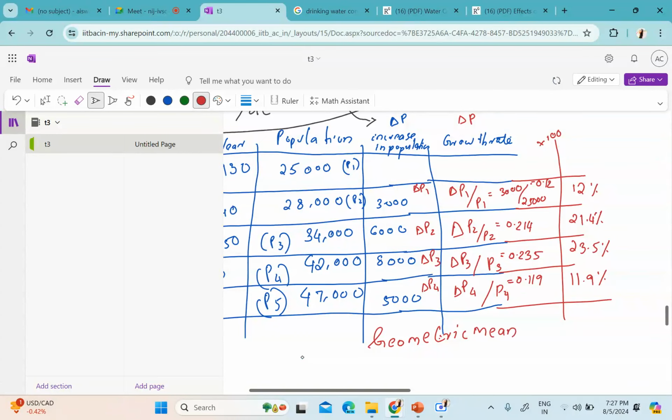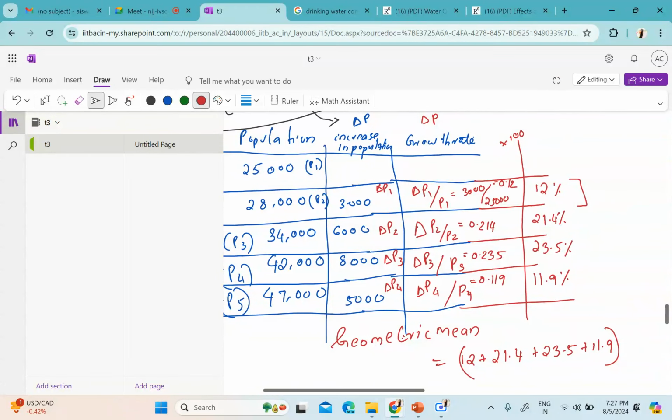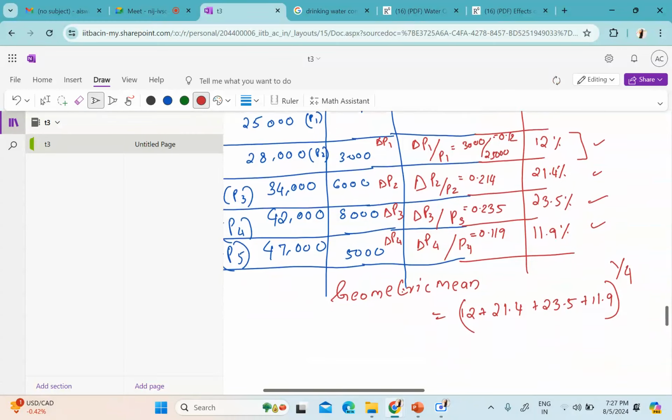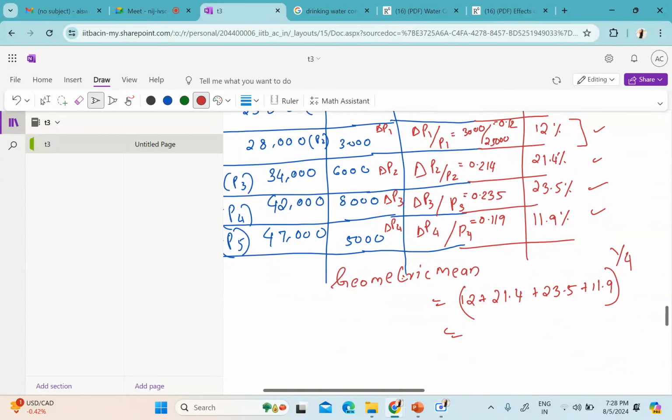You have all these values: 12 plus 21.4 plus 23.5 plus 11.9. Then you have to take the geometric mean. Here 1 2 3 4 values are there. You have to calculate this value, and that is your geometric mean. This particular value we are considering as a constant.